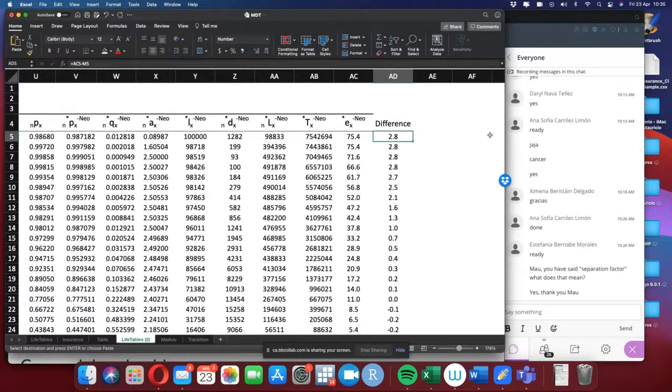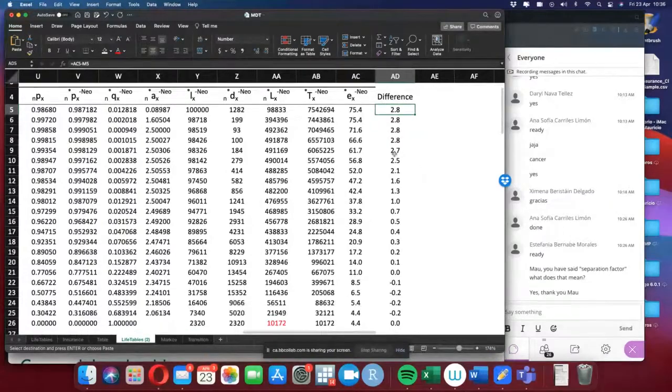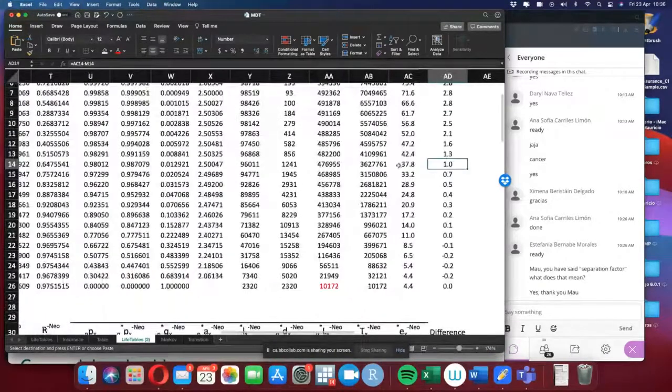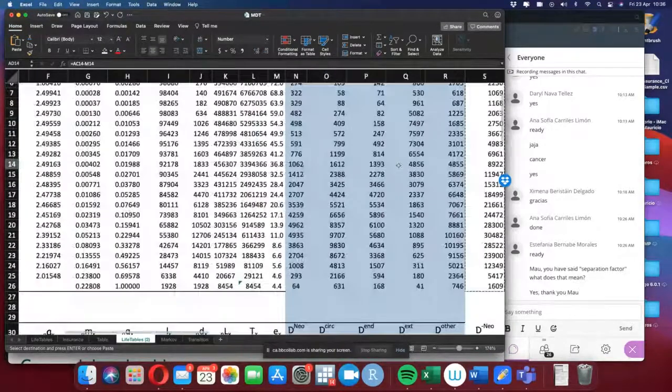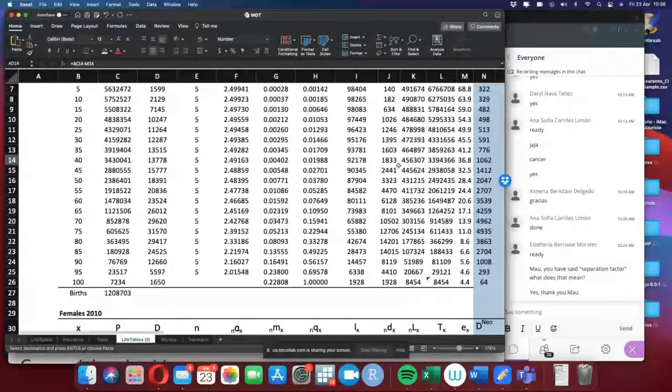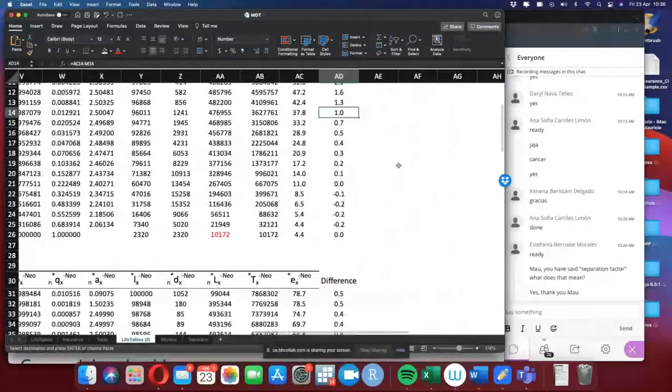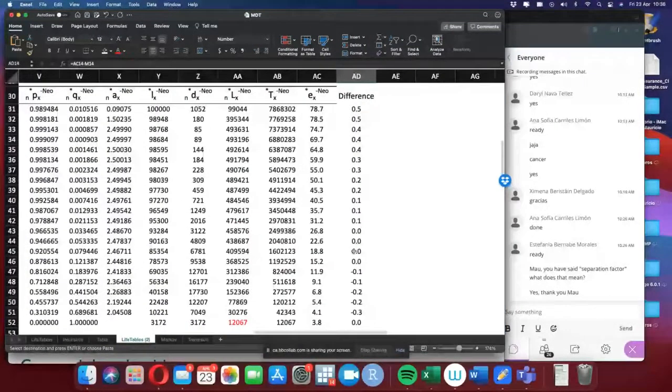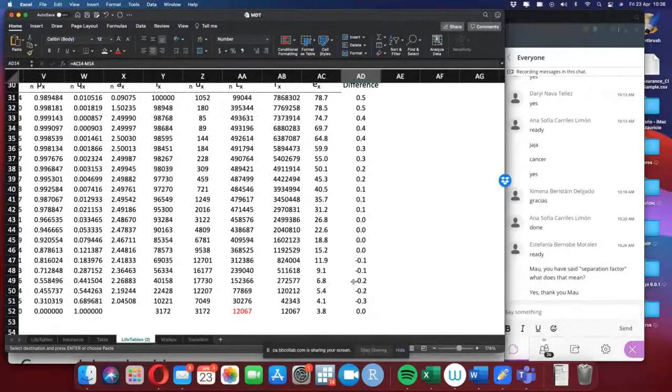And yes, we know, because we remember those charts when we saw cause of death. This is a lot, and most of these, essentially after age, I don't know what age this is, 40, goes down to one. But again, for women, it's like nothing going on here. This is negative.